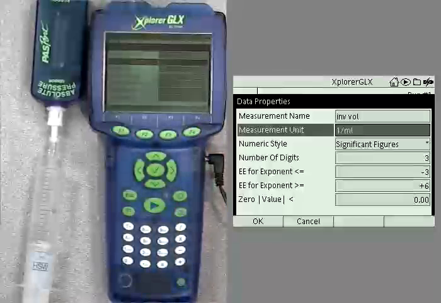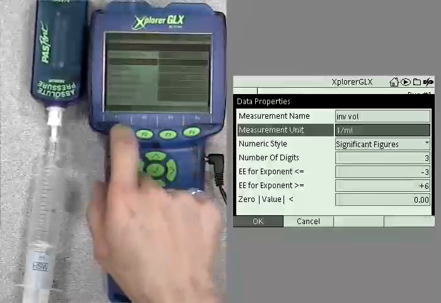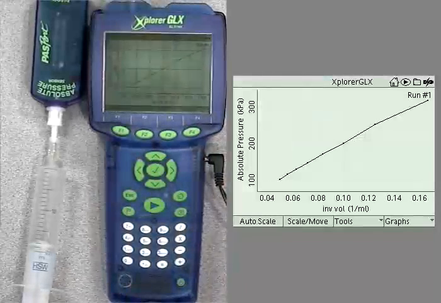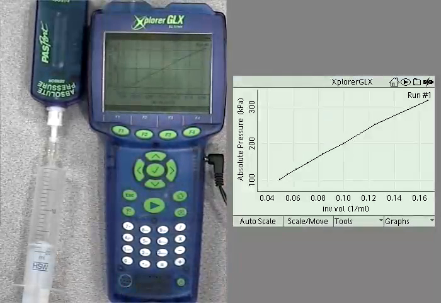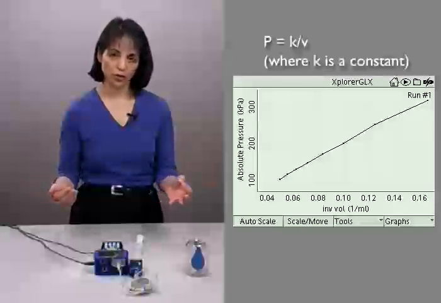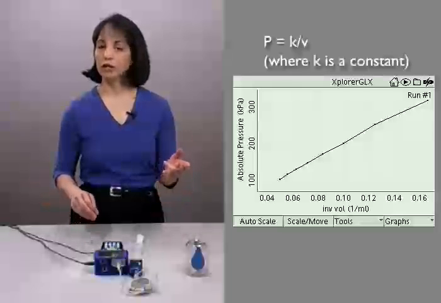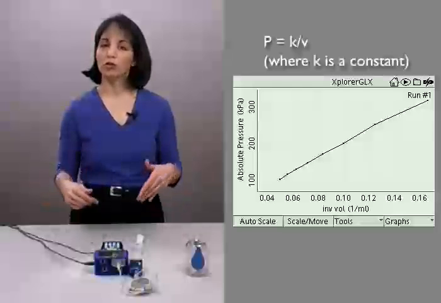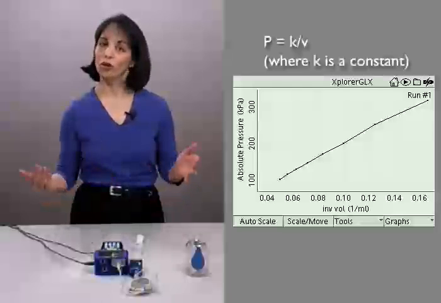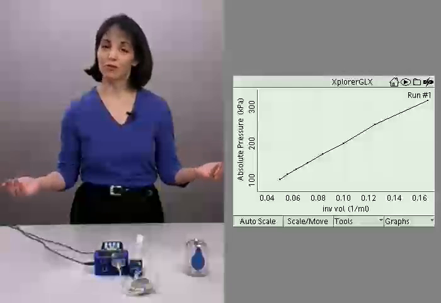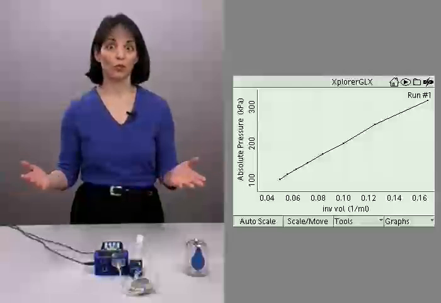Check mark, and we're done, so we'll say OK. And there it is, our graph, which is linear, which would imply that pressure is directly proportional to the inverse of the volume, which means that we, for ourselves, have discovered Boyle's Law.